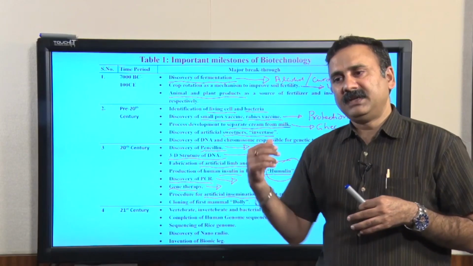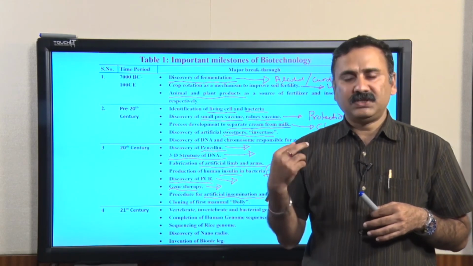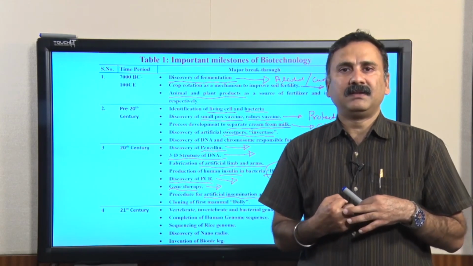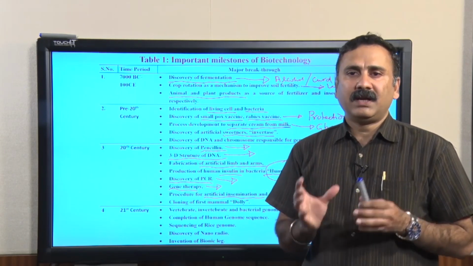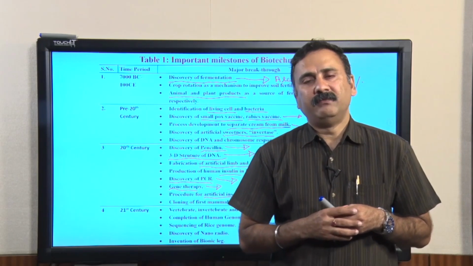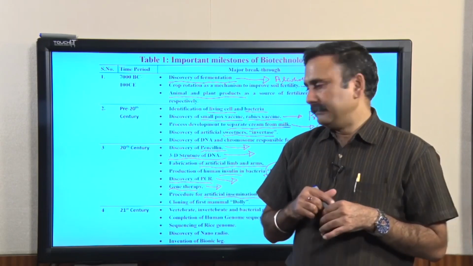Because of these two techniques, they could do artificial fertilization, prepare the baby in a test tube, and then implant it into the womb of a woman, and that is how people were getting their own babies.